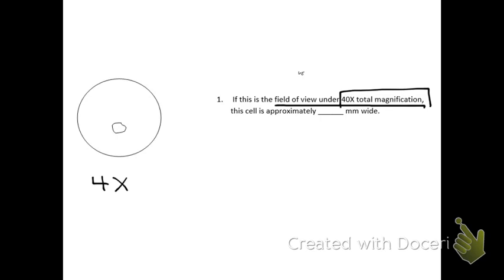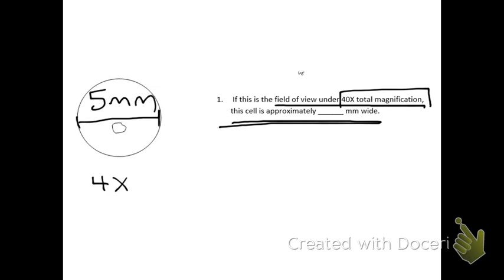Look back to that slide before, and it says this cell or this object is approximately how many millimeters wide? Well, remember that when you're using the 4x objective, what you can see from edge to edge, what did we say it was? 5 millimeters. Okay, this is very practical. So approximately how wide is that cell, this thing that I'm seeing in my field of view?